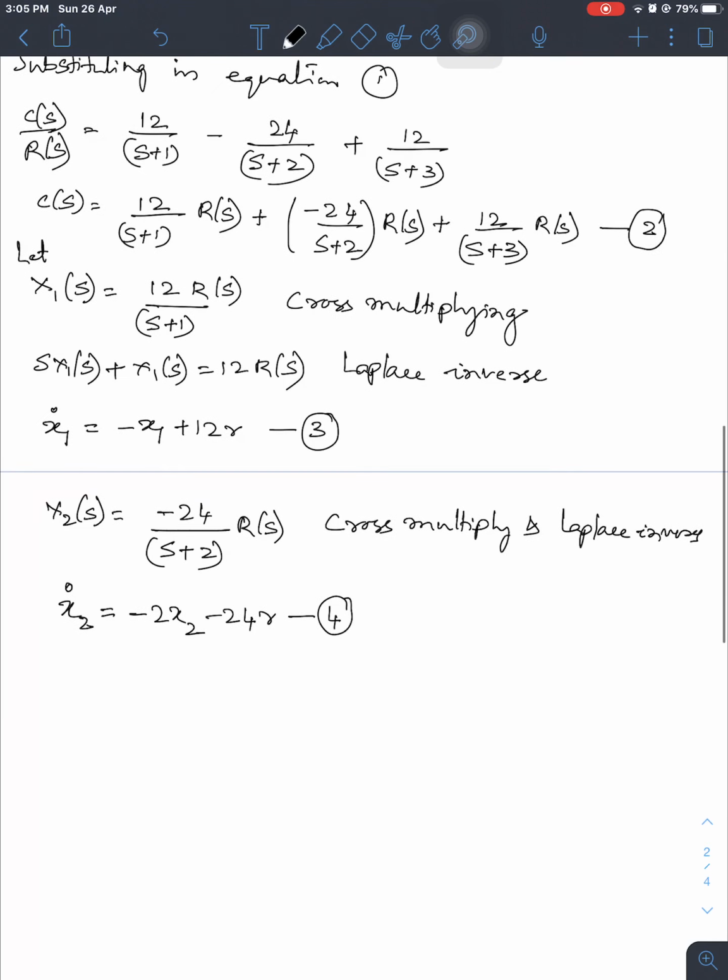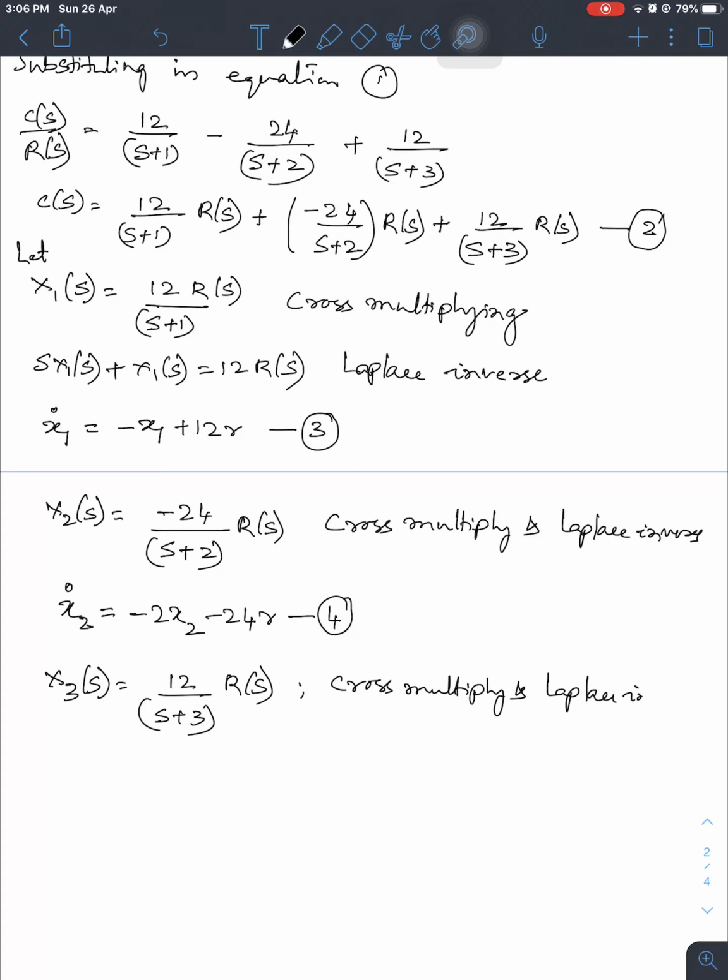Alright. The third term in equation 2 is identified as X3(s), that is 12/(s+3) into R(s). Again the same thing, we will cross multiply and take Laplace inverse.